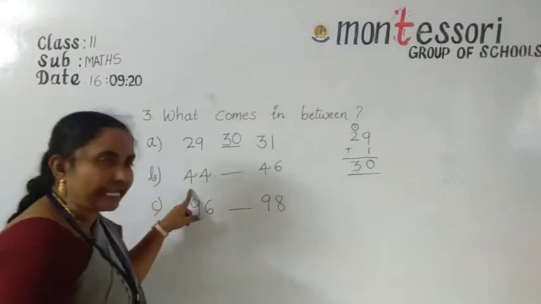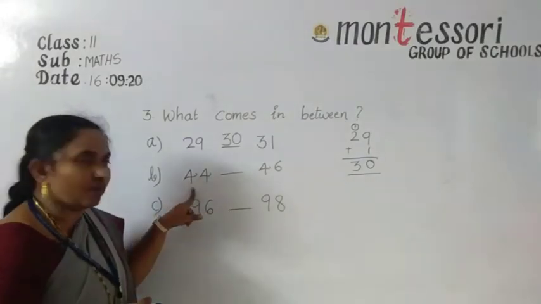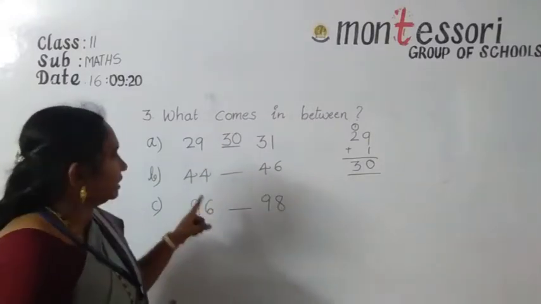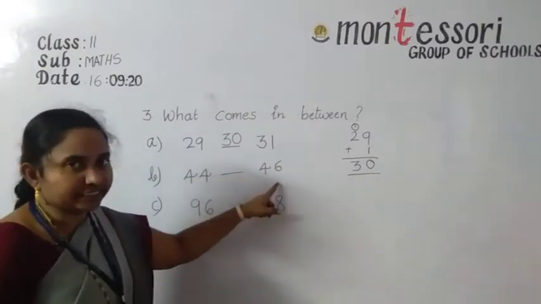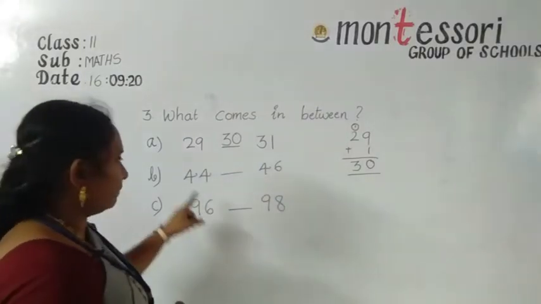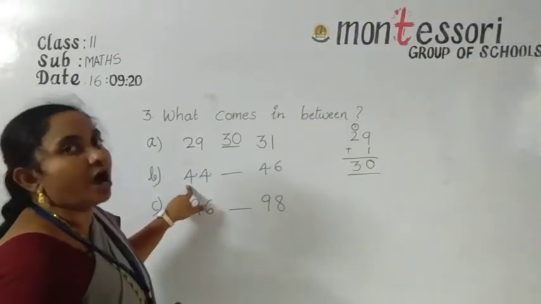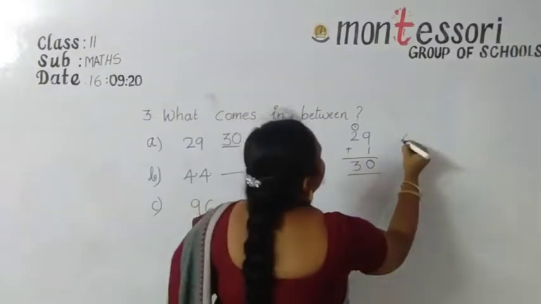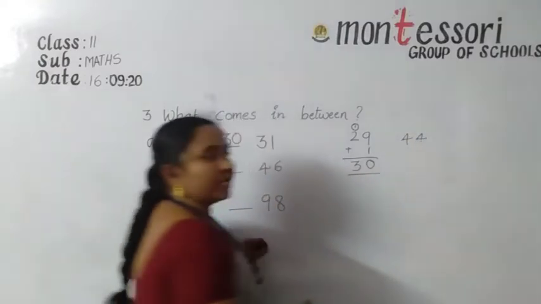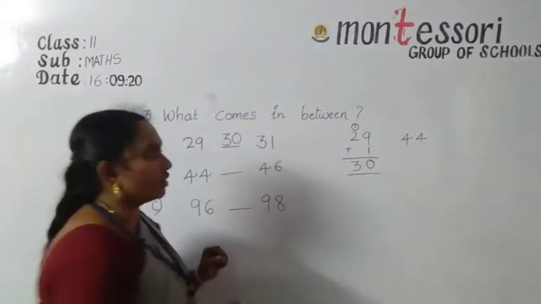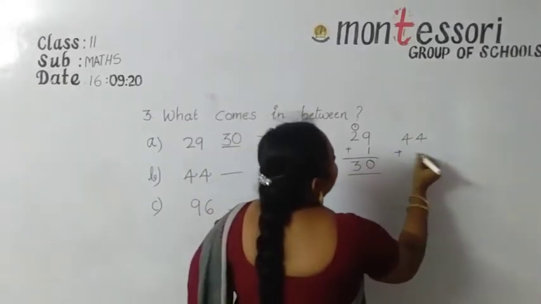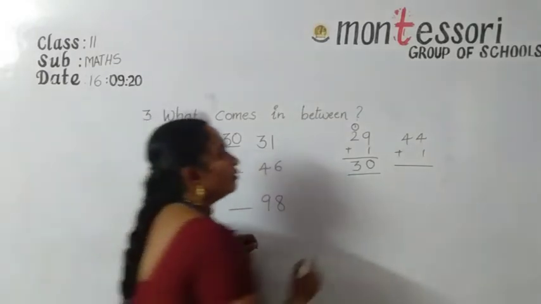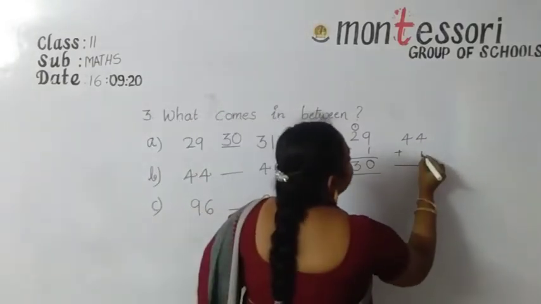Now I go to the second problem, 44, 46. We can find the number that comes just after 44. What can we do here? We can do the addition with plus 1. 4 plus 1 is 5.